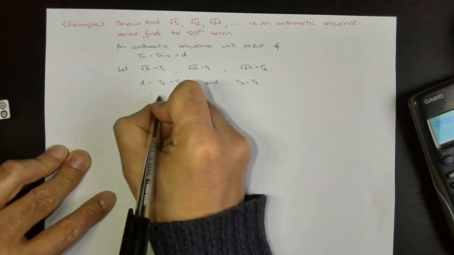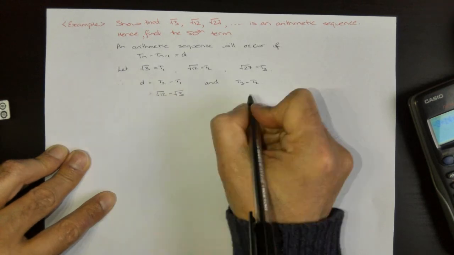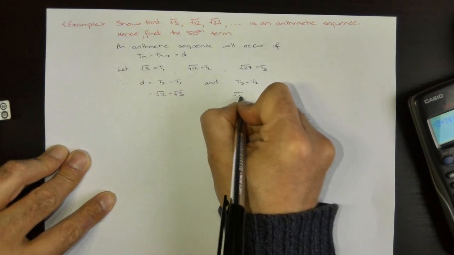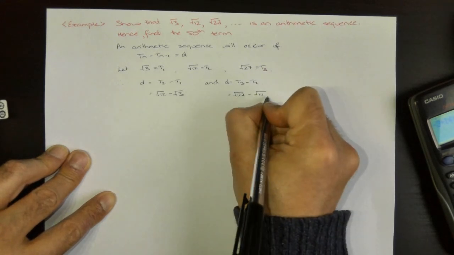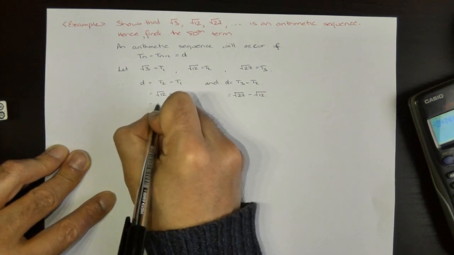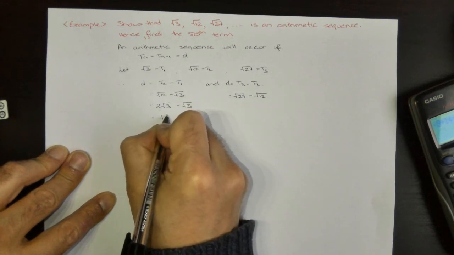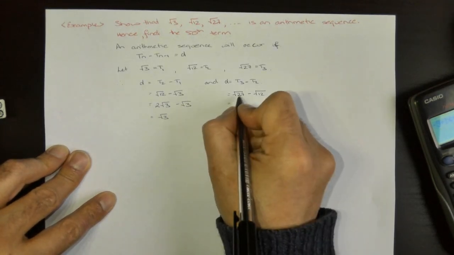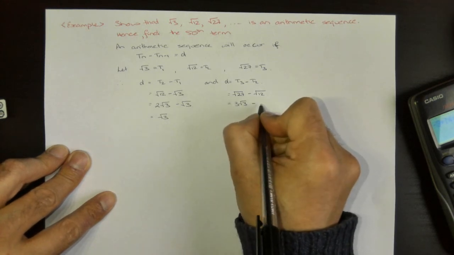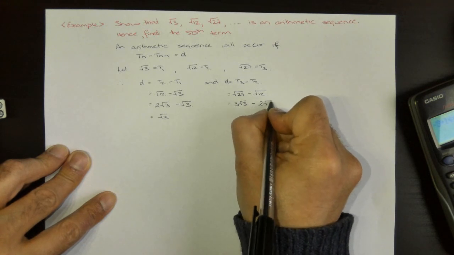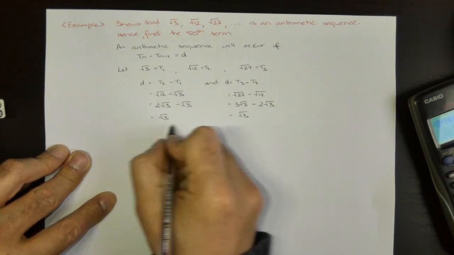So we've got root 12 minus root 3, and root 27 minus root 12. Root 12 can be written as 2 root 3, and that will give us root 3, and root 27 can be written as 3 root 3 minus 2 root 3. 3 root 3 minus 2 root 3 is equal to root 3. So the d's are the same.